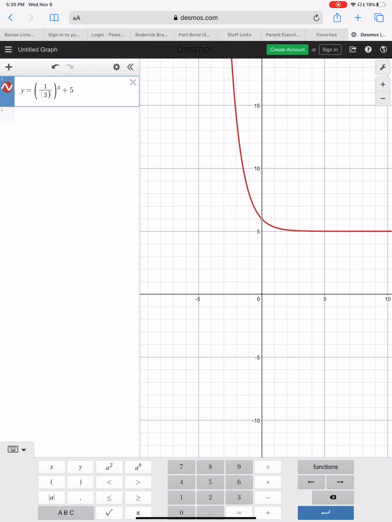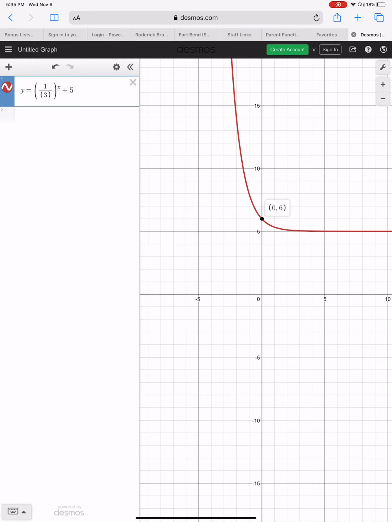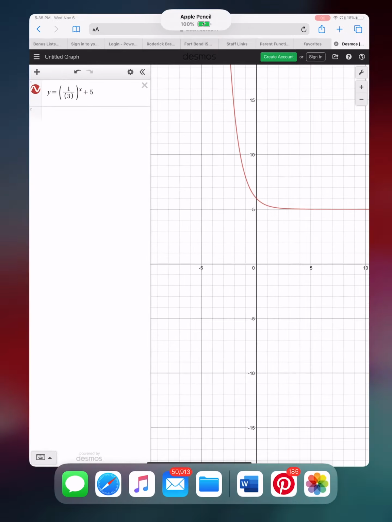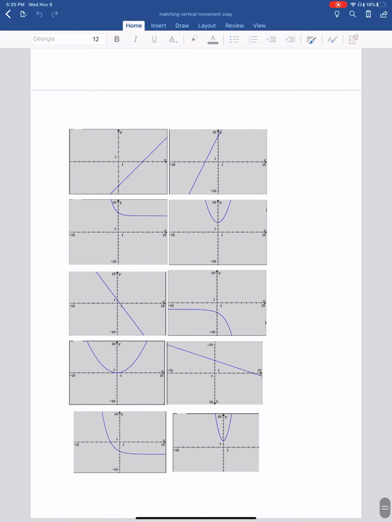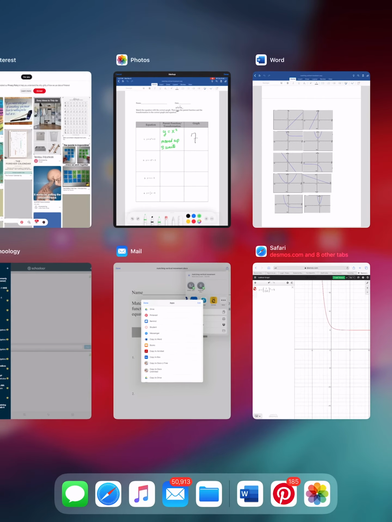Okay. So what graph is that? Well, I see that it's this curve going down, and we see that it's crossing at (0, 6) on the y-axis. So I need that graph. The only ones that look like that curve down, let me look at the picture.